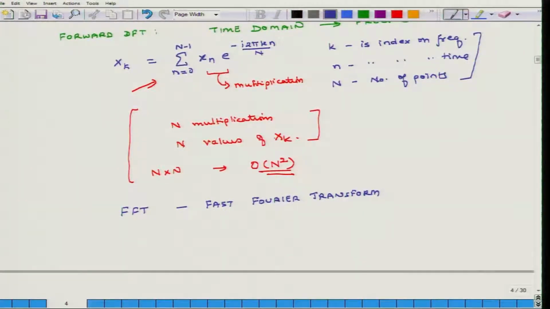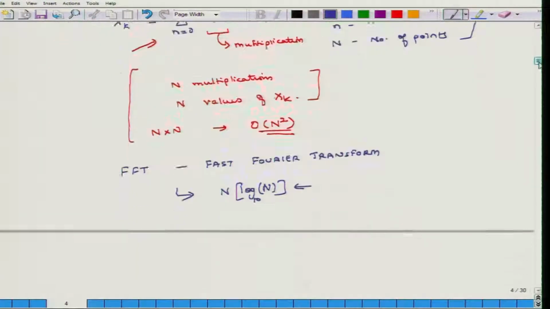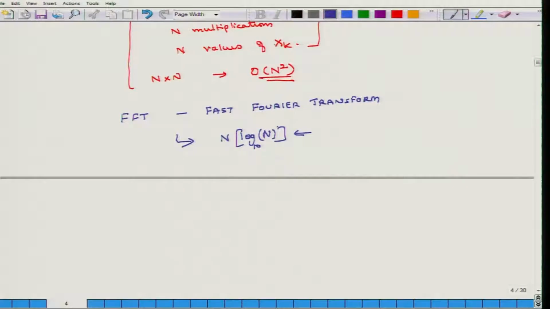It is a particular type of DFT, but it is just faster, and in this algorithm the number of computations which have to be done is n log n. So, this number of computations is significantly smaller. So, this is fast Fourier transform, and there are several algorithms for this.